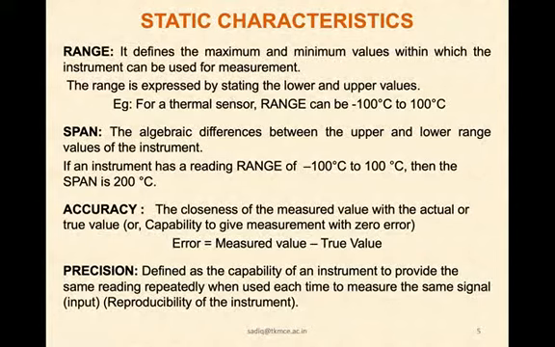Take the case of temperature measurement. If the measurement is for your fever, human body temperature, then you choose an instrument capable of measuring between, say, 20 degrees Celsius and 100 degrees Celsius. That is fine, even 50 degrees Celsius is more than enough. Then you go for a thermometer.